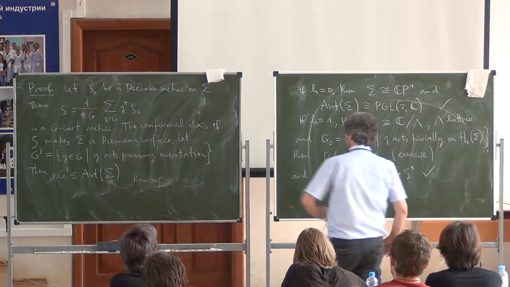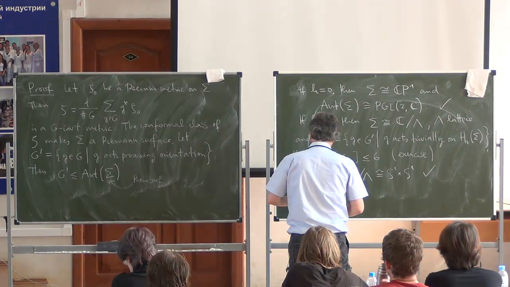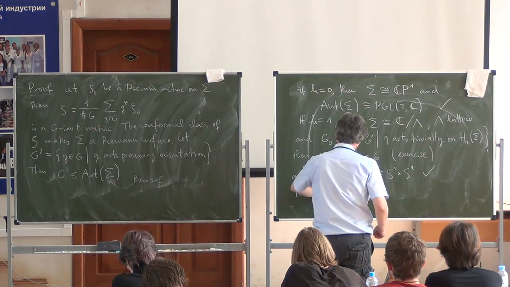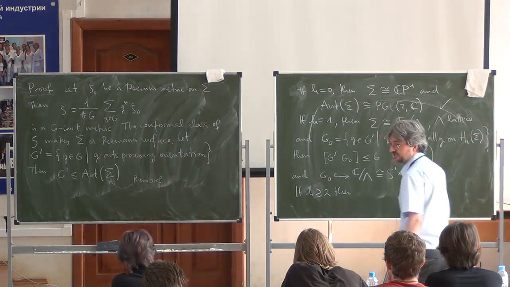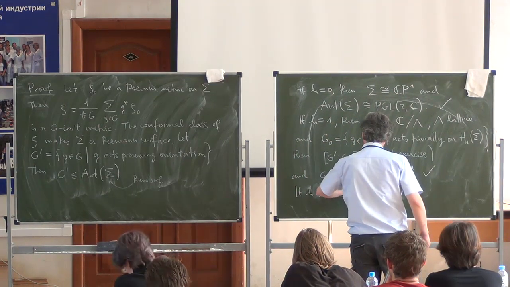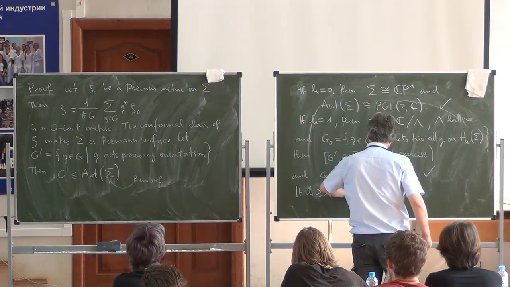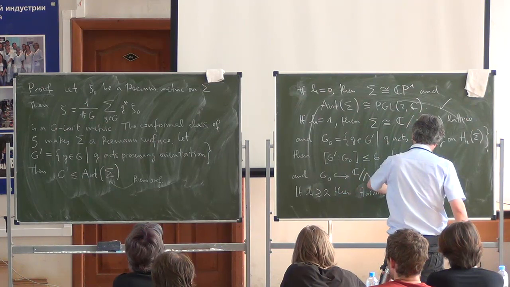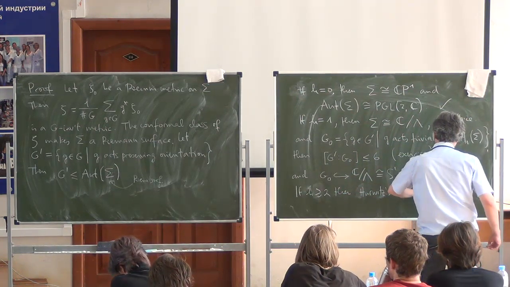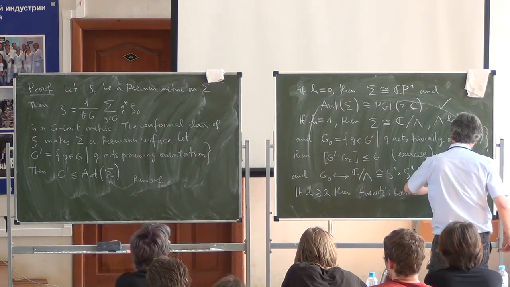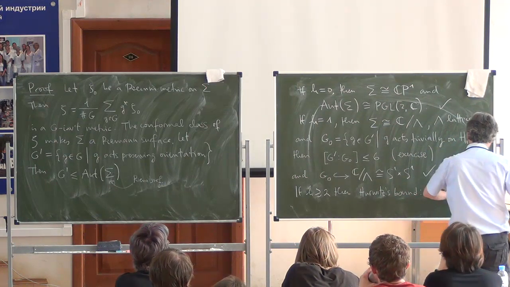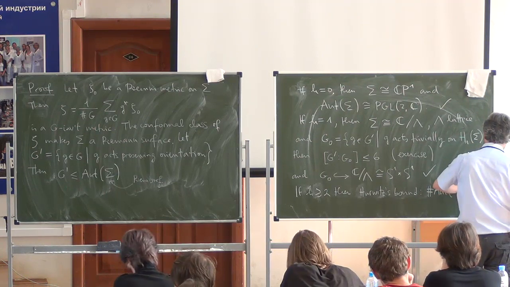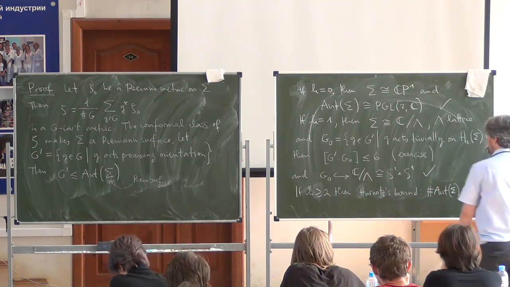And finally, if H is bigger or equal than 2, then Hurwitz bound states that the automorphism group of sigma has at most 84 times H minus 1 elements.